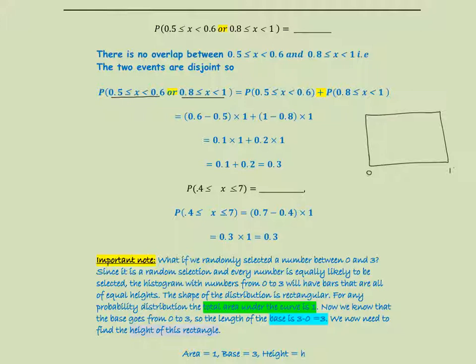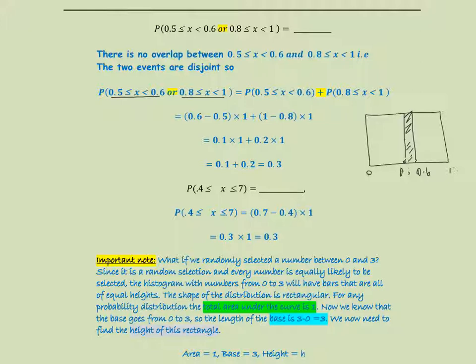So our base is 0 to 1. If this is 0.5, let's say this is 0.6. That's the area we're looking at if we're trying to figure out the probability of picking a number between 0.5 and 0.6.